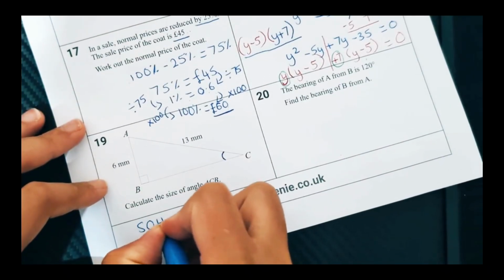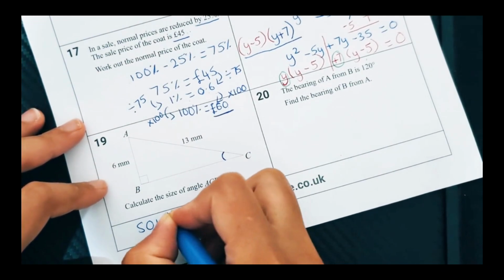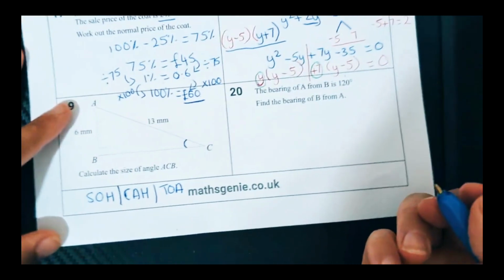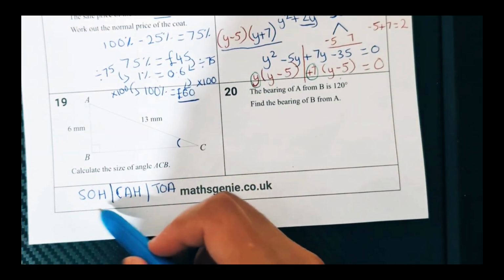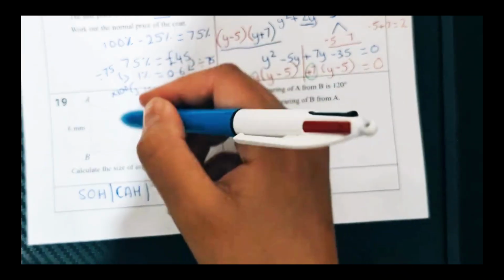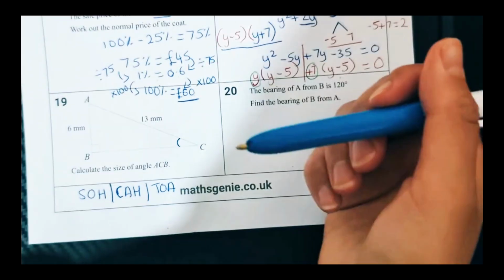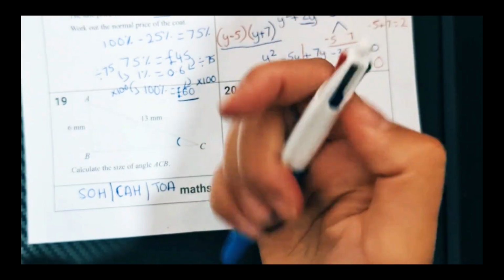So if I write down here SOHCAHTOA, and do my lines in the middle just to separate them, my trig identities. Then what I'm going to do now is label my triangle accordingly, so that then I can tick off what I've got and what I don't have. So the longest side is always your hypotenuse.